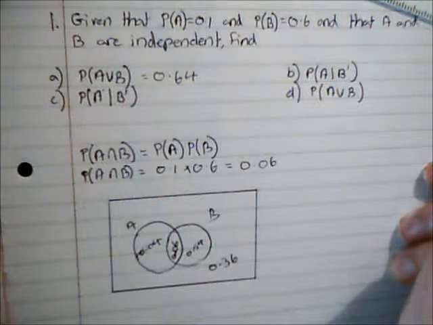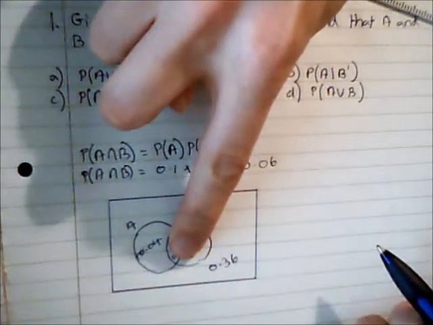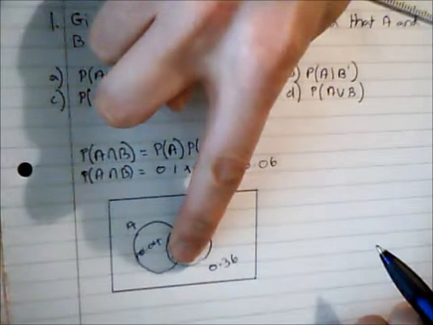So next one, this is the probability of A given not B. So we know it's not in B, so we can ignore those two because we know it's not there.